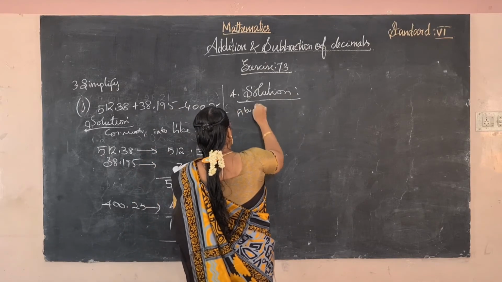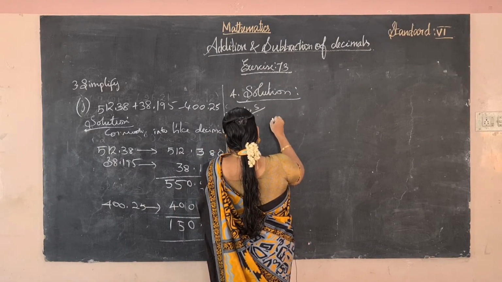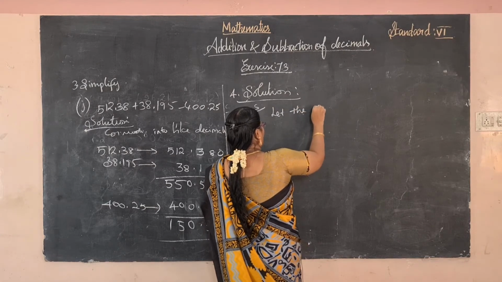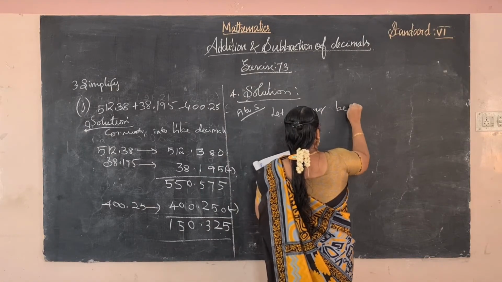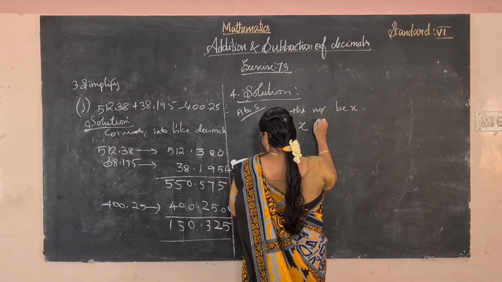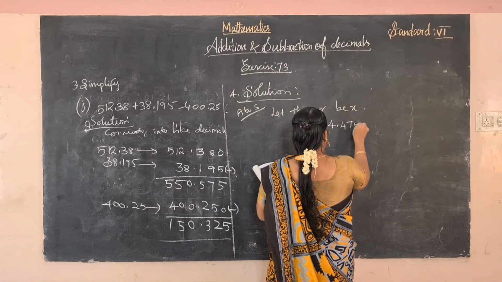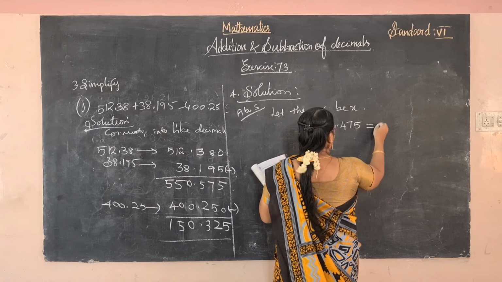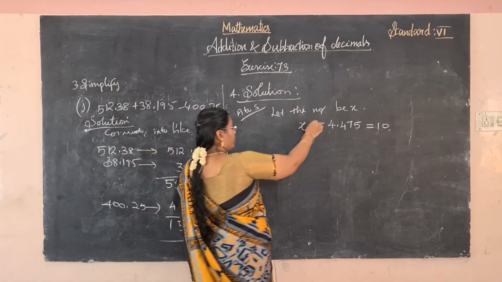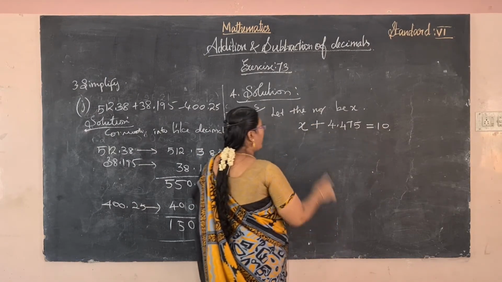According to the statement or condition, let the number be x. So x plus 4.475 is equal to 10. According to the statement, this number added to this gives this number. Find that number.